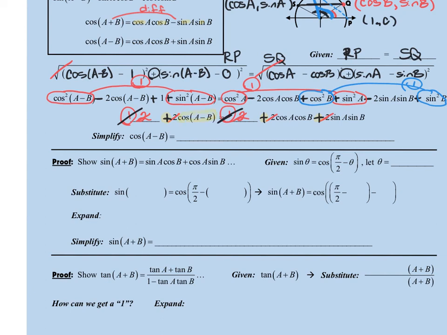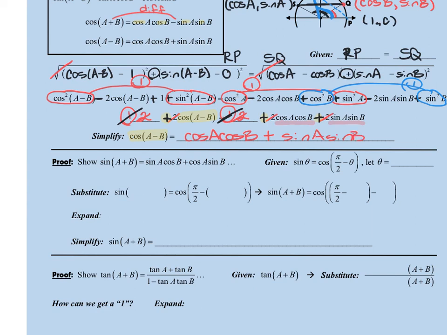Here is that beautiful cosine of A minus B that I was trying to get to. And then I am left with cosine A, cosine B. Now we've got that plus that we were looking to create, sine A, sine B.